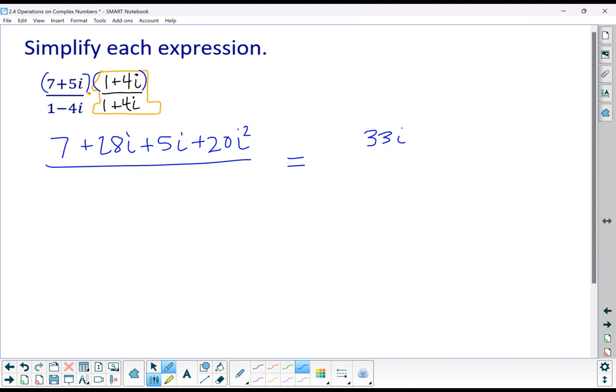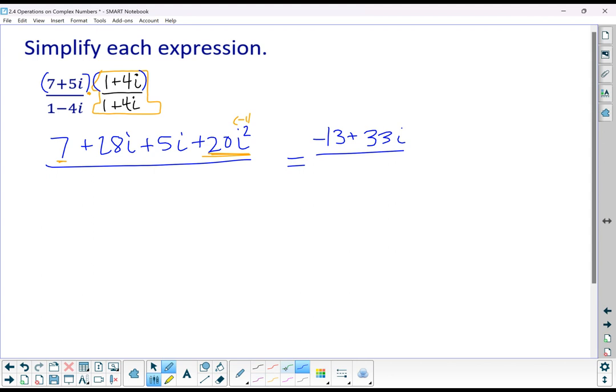And then the real part is the 7 combining with this real number -20, remember that i squared is a -1, so this is a -20. And 7 plus -20 is -13. So my numerator is -13 plus 33i.